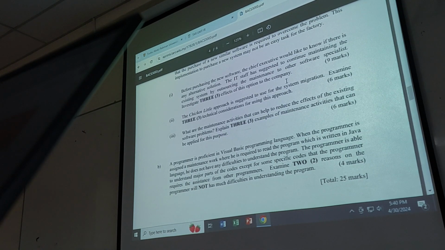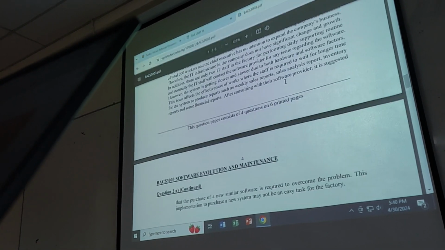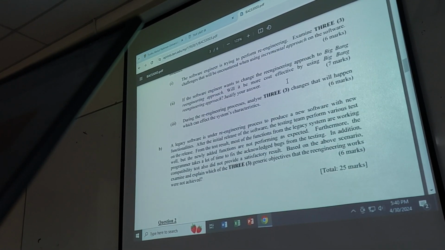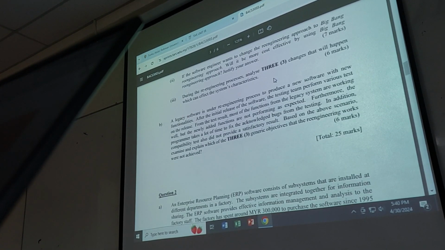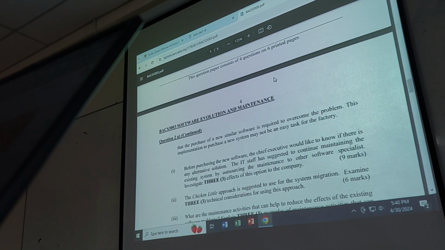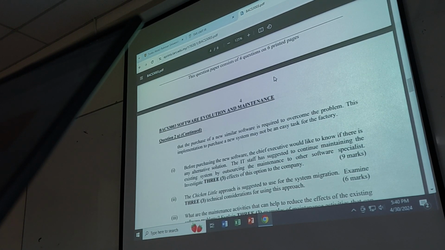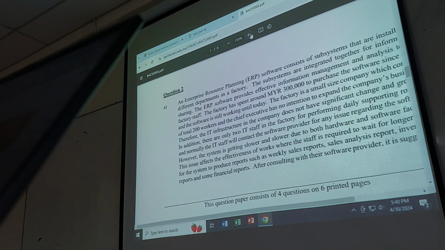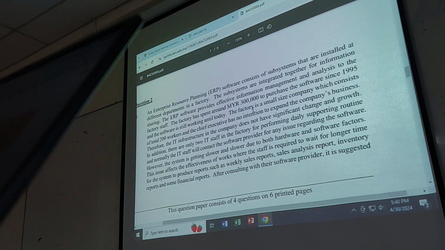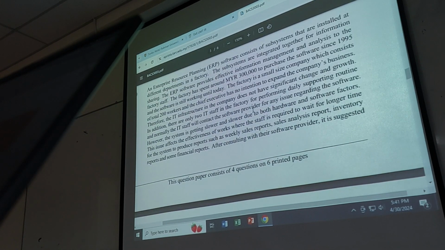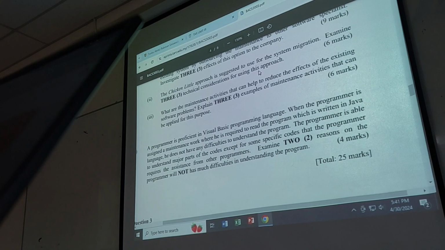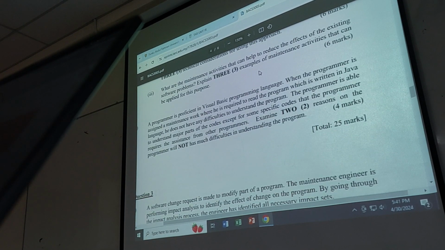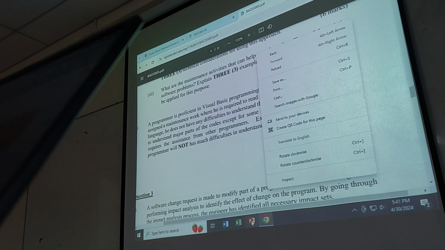This one we have done in the tutorial already. Wow, are you able to read this scenario? Very long scenario. Do this one because it's too long already. Cannot show.